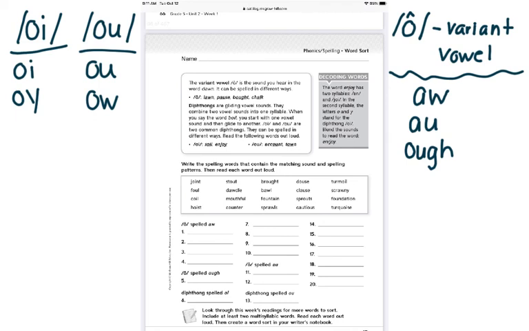On the Schoology assignment, you're going to have your word, and you're going to decide what sound and what spelling pattern it follows. The first word on my list is joint. I hear the oi sound, and I know it is spelled O-I. So this is going to be the diphthong oi, spelled O-I.